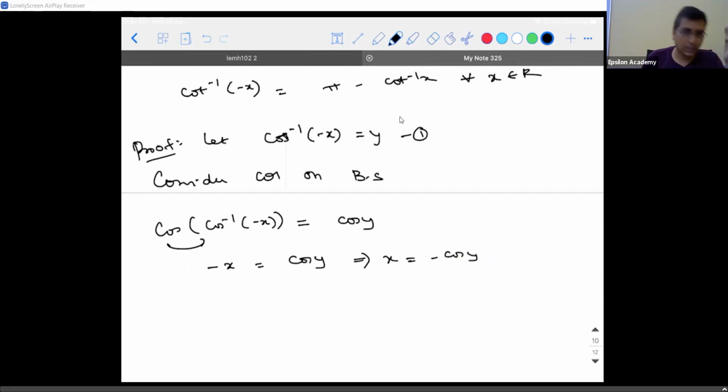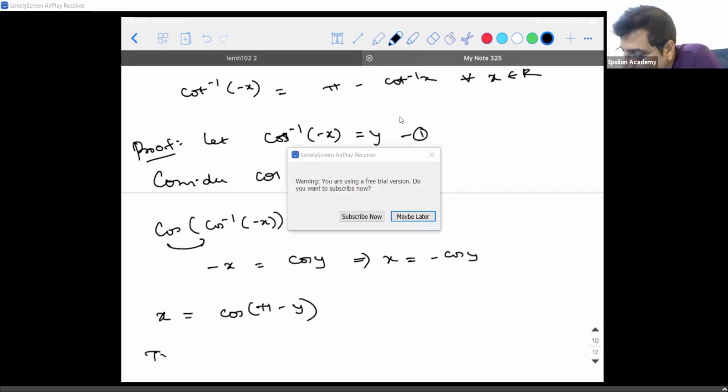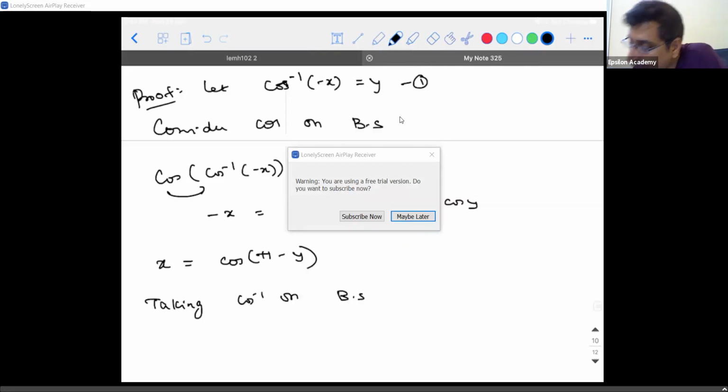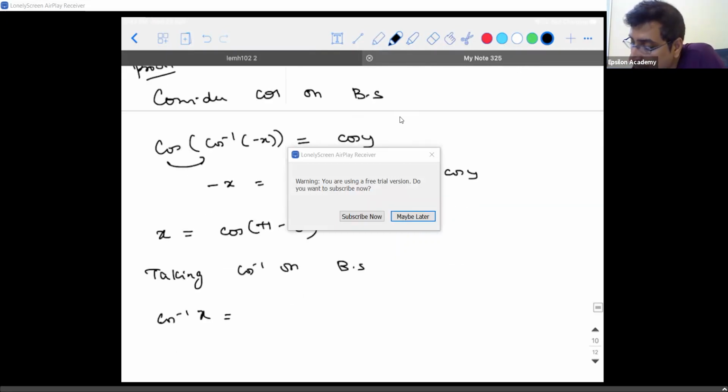Second and third quadrant, but its range is restricted to which quadrant? The second quadrant, 0 to pi. Anything in the second quadrant is written as pi minus. So x can be written as cos of pi minus y. Correct? So taking cos inverse on both sides, I get cos inverse of x is equal to cos inverse of what?